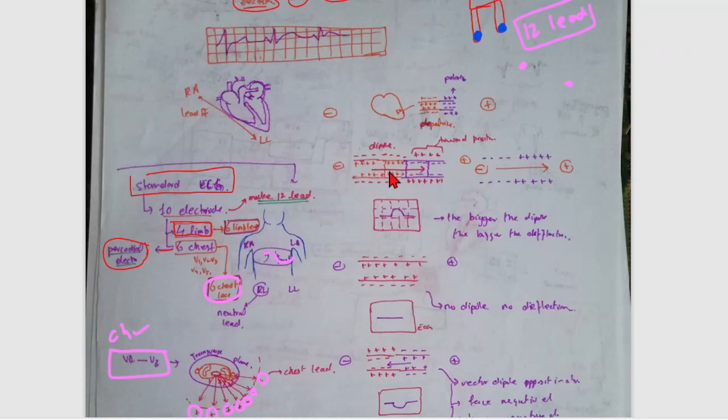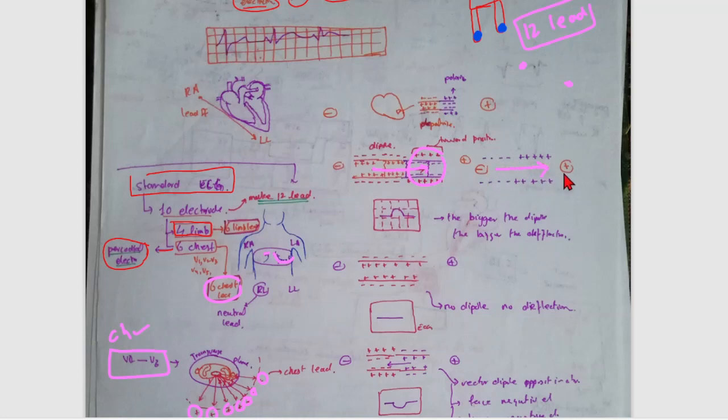So first of all, this is the myocyte, the cardiomyocyte. For example, this area is in the resting state, but this area is depolarized. If this area is depolarized, the line moves from negative to positive.